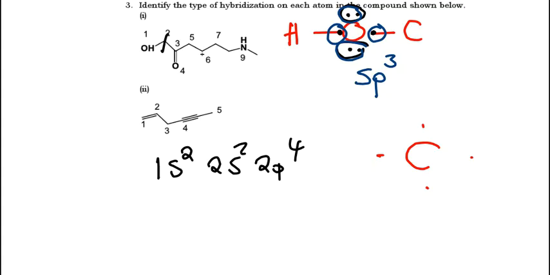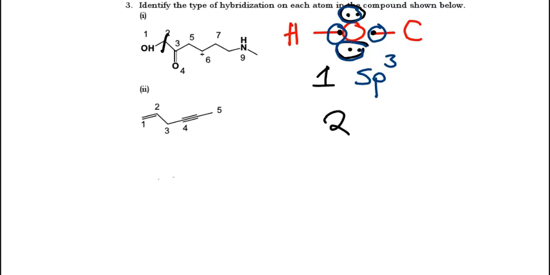Whenever we've got 4 bonds forming around an atom, it's sp3 hybridization. So therefore, number 1, which was oxygen, is sp3. Number 2, which we've clearly seen to be that carbon, is also sp3.